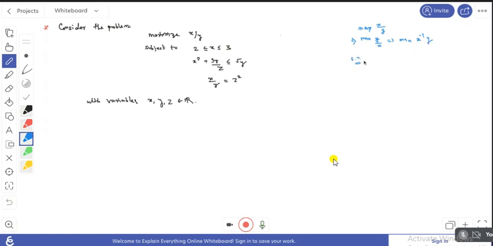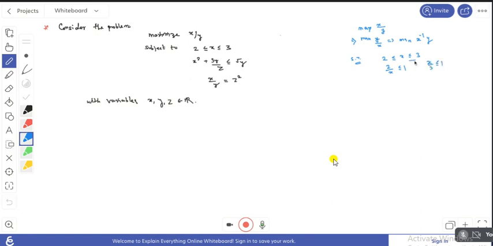Subject to the constraints, the constraint here is 2 less or equal to x less or equal to 3. So we can write 2 over x is less or equal to 1 from these two inequalities, and from the other inequality we find x over 3 is less or equal to 1.